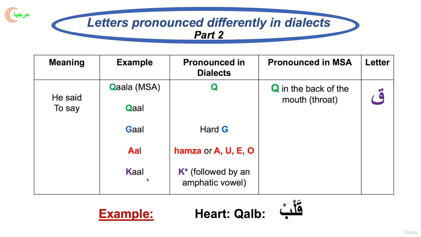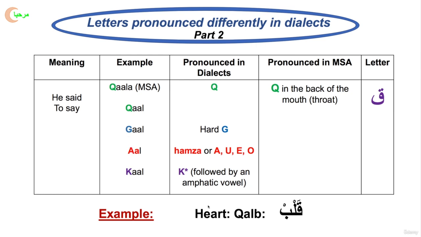So I hope you understood all of that, but before you go, I would like to challenge you. So we have here the word heart, and in Modern Standard Arabic, it's pronounced qalb. Now, I would like you to stop the video and try to pronounce that word with a g or an e sound or a k.